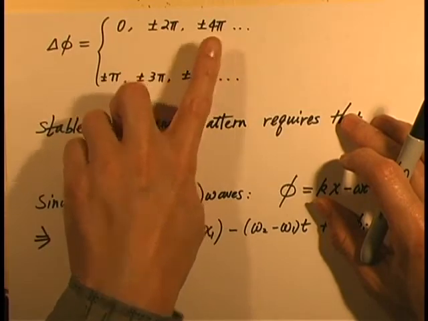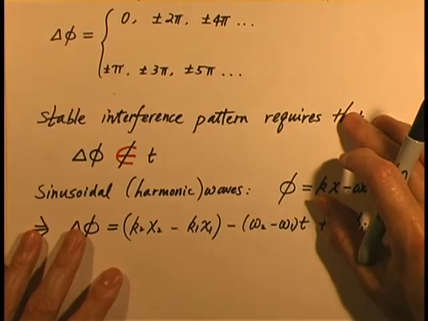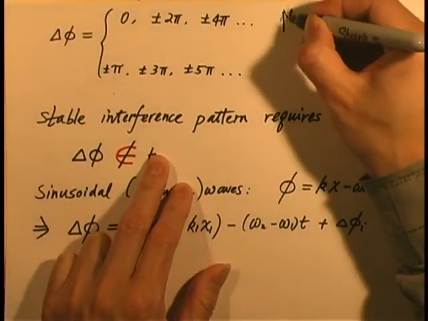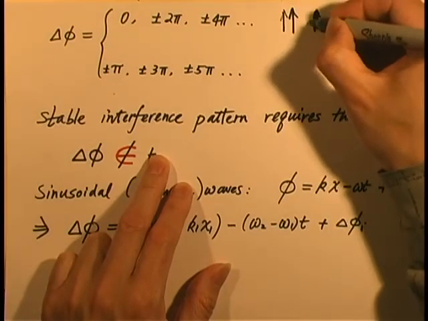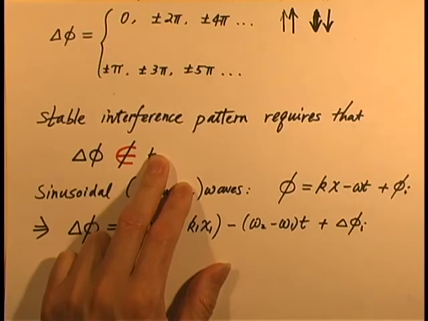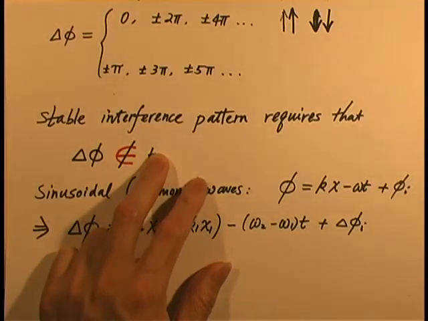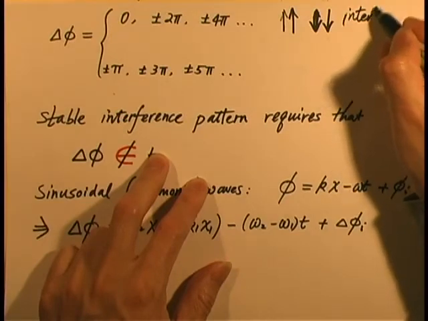The absolute difference, that's what I'm looking for. Then these two waves will end up being in phase. In other words, when one wave is up, the other wave is also up, or when one wave is down, the other wave is also down. So they always enhance each other. And then we say they have what's called an interference maximum.